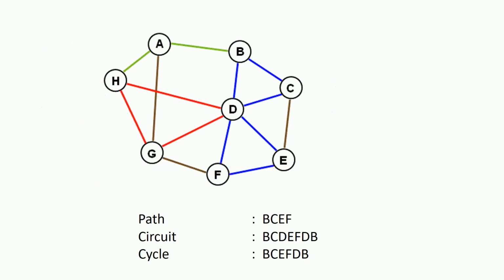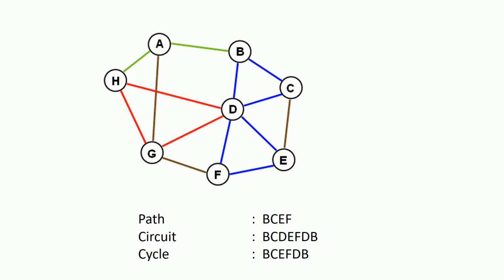Now consider this example. Here, B, C, E, F is a path to reach F from B. And if we consider a path B, C, D, E, F, D, B, it's a circuit, and note that we start with the vertex B and end with vertex B as well.